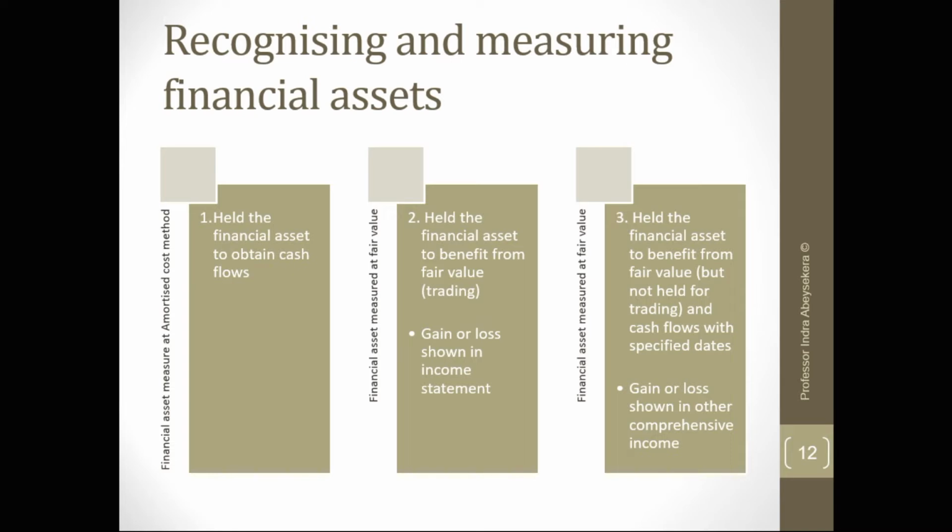And the third is where the asset is held to benefit from fair value and will be traded on a specific date, and it's also held for cash flow purposes. Then the gain or loss is shown in the other comprehensive income section, and that other comprehensive income will be taken to the balance sheet in the equity section as part of equity.